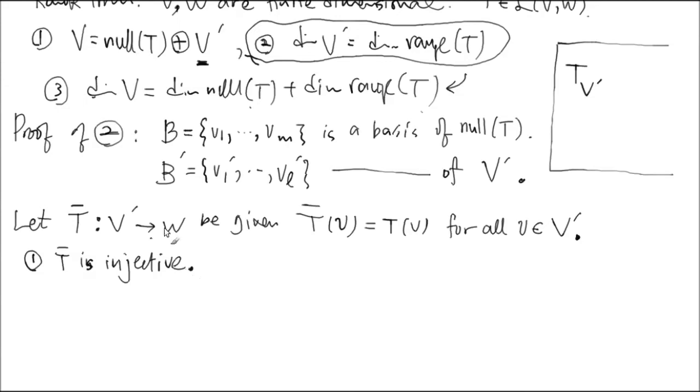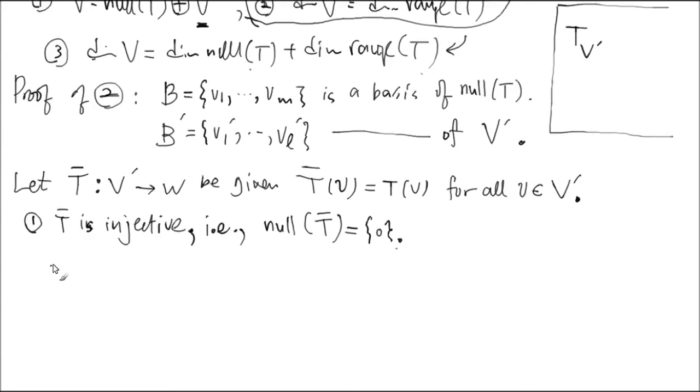T is injective if and only if the null space of T bar is 0, right? If it is injective, of course, no more than one element goes to 0, but the other direction is something you have to think about. Null space 0. So here's why.